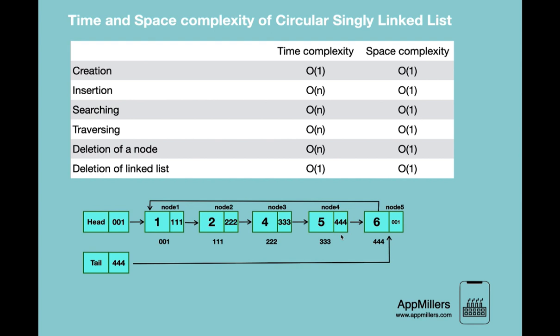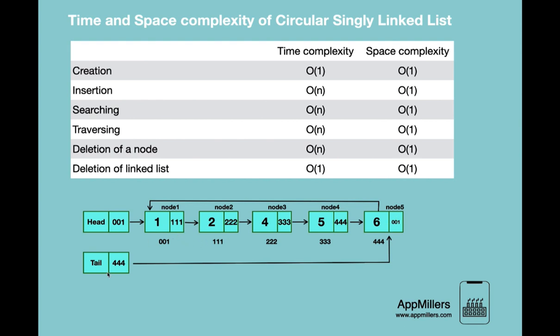Now deletion of the entire circular single linked list takes O(1) time complexity because in this case we are just updating three references. First we update the head reference, which breaks the link between head and node 1. Then we update the last node's reference, which breaks the link between the last node and node 1.